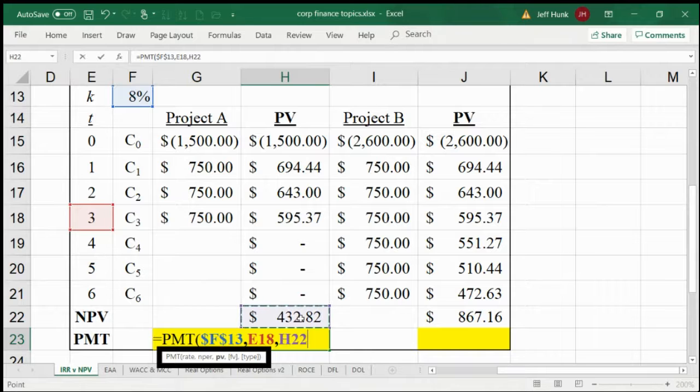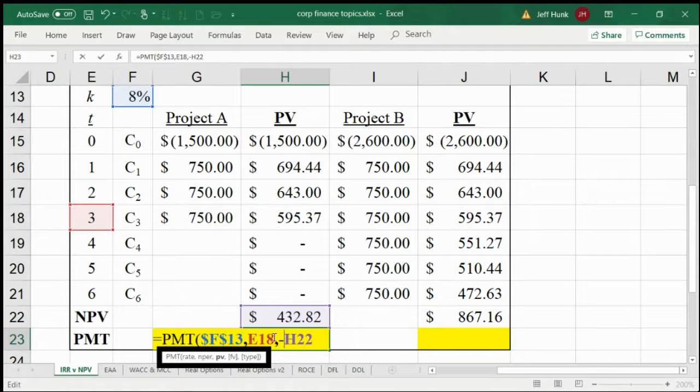This is the present value, but here you've got to remember, in a financial calculator setting, if this is the present value, that means it's the cash outflow, right? In financial calculator setting, you have to have one thing as cash outflow, and the other thing will come out as cash inflow.